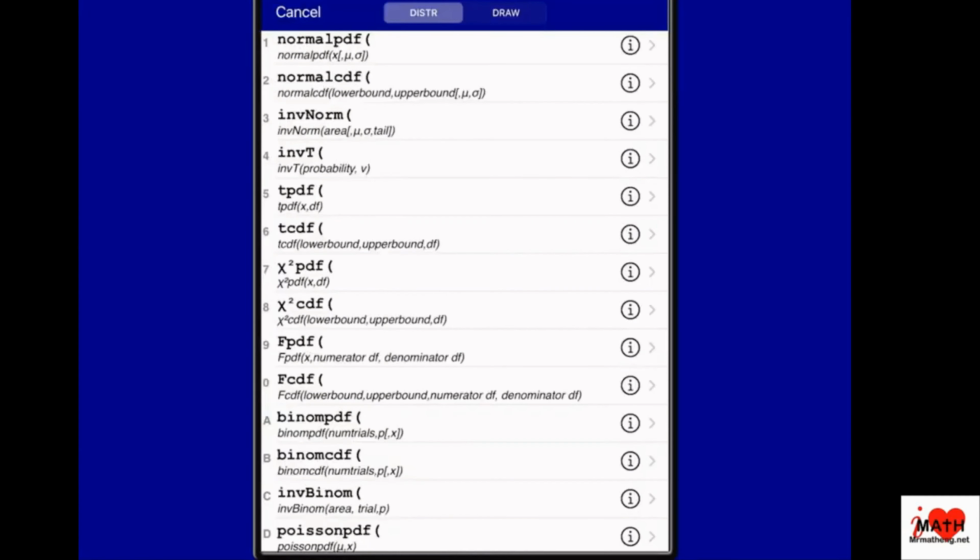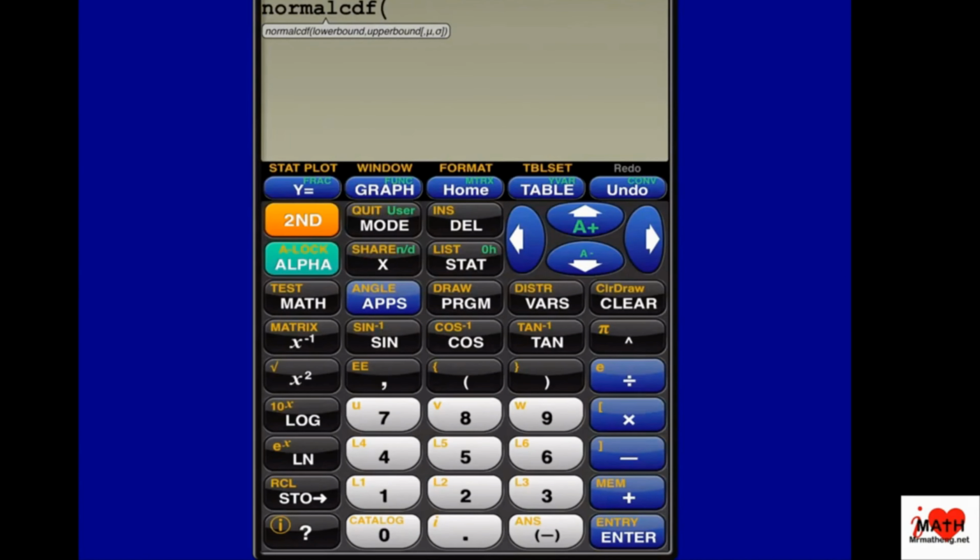Second, VARS number 2, and we said one standard deviation, which was 108. And then we added one standard deviation, 132, comma 120, comma 12. And I think it's going to say 68.